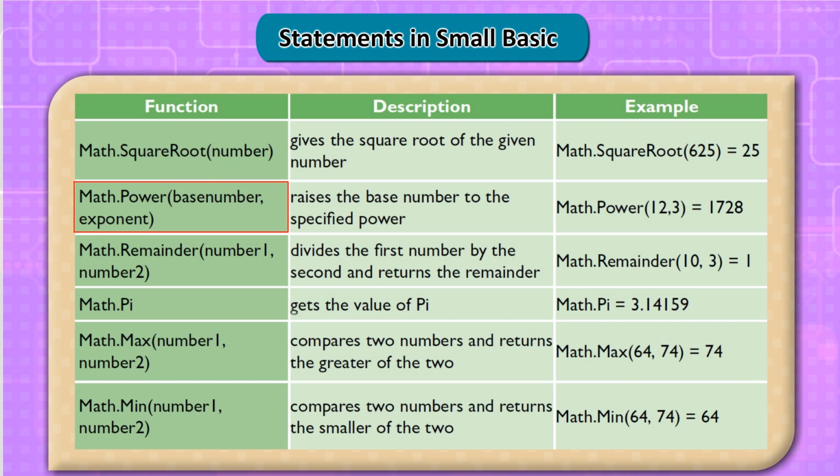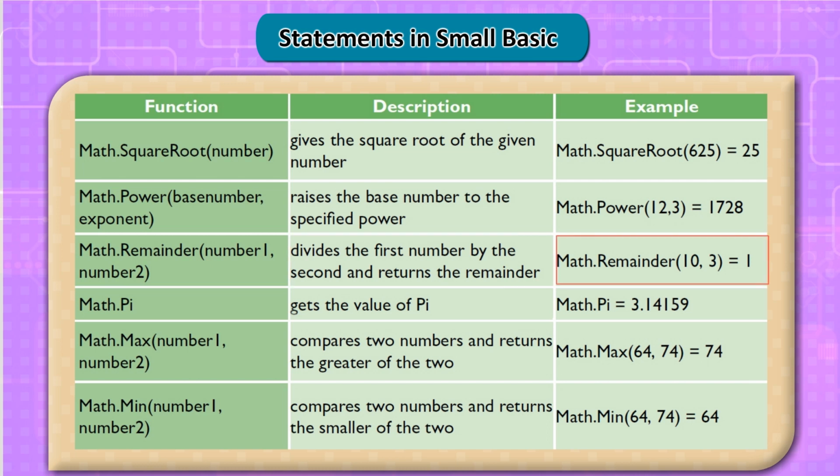Math.Power(base number, exponent) raises the base number to the specified power. Math.Power(12, 3) equals 1728. Math.Remainder(number1, number2) divides the first number by the second and returns the remainder.